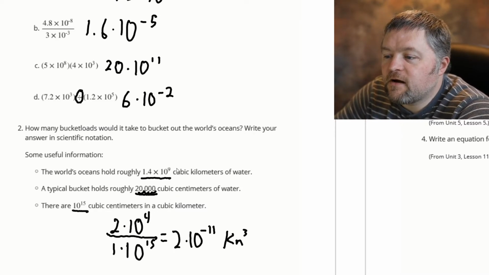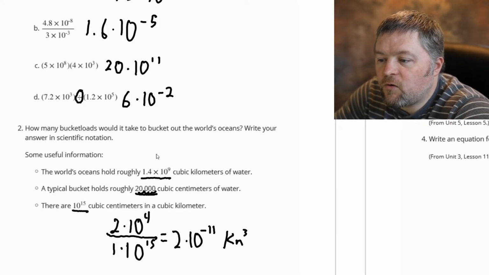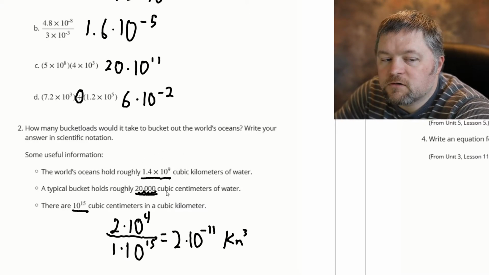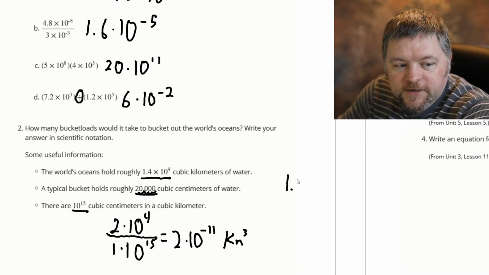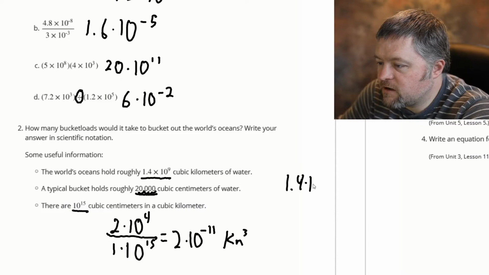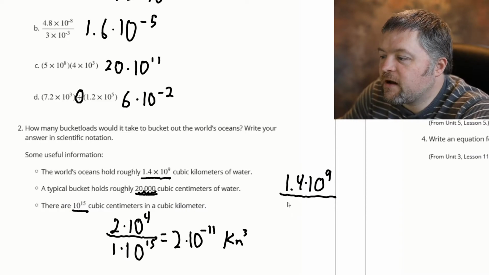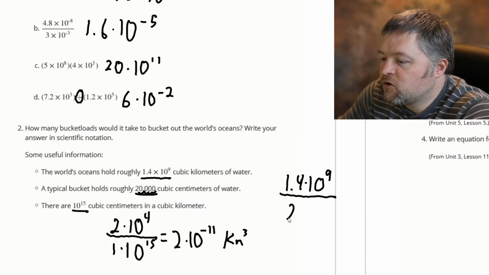Now to find out how many buckets there are in the whole world's oceans, we are going to have to do some more division. 1.4 times 10 to the power of 9 divided by 2 times 10 to the power of negative 11.